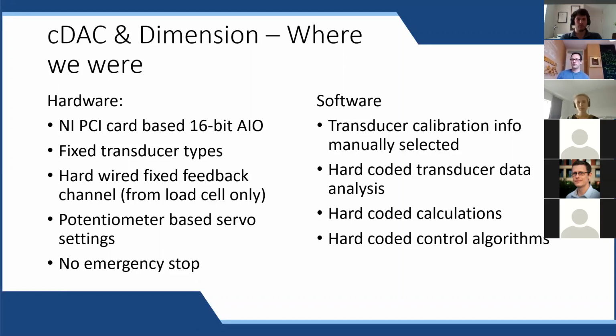You had hard-coded data analysis, so when you got to research level, people wanting to do new things couldn't do new things, and similar with calculations to work out things like the stiffness or the fatigue life, and also control algorithms we couldn't play with and improve upon, without really developing the software further, releasing new versions. So that's a little bit of a background of where we were.